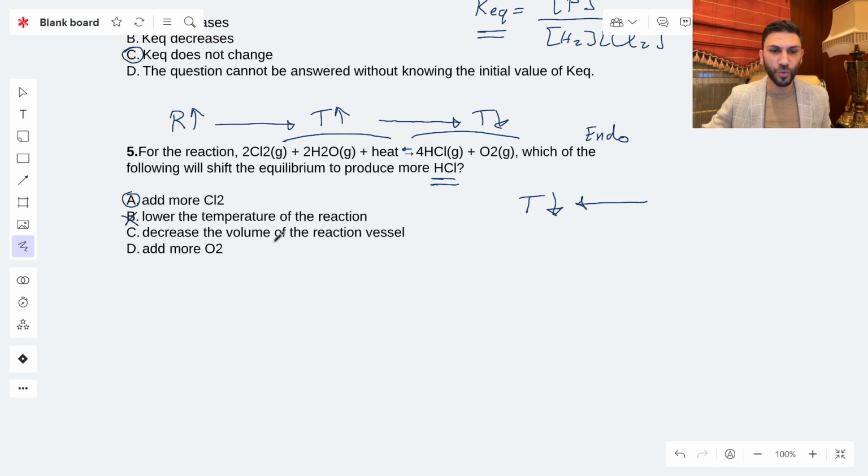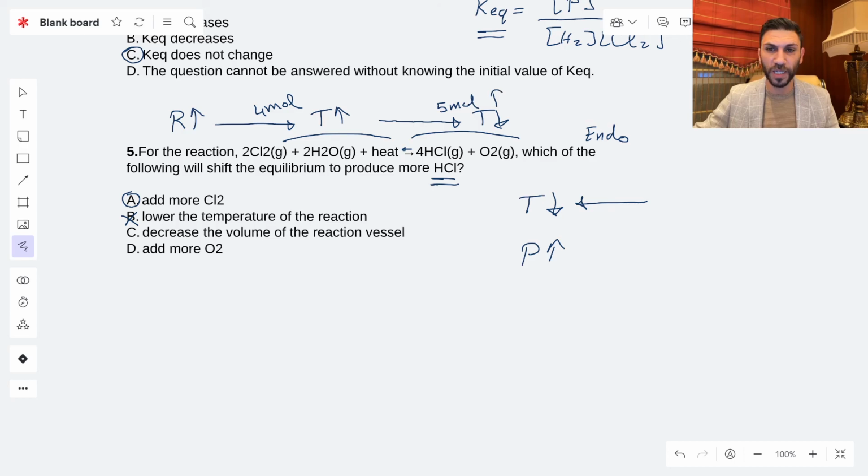C, decrease the volume of the reaction vessel. Decrease the volume, that means we are increasing the pressure. And let's check. Here we have 4 moles of gas. And here we have 4 plus 1 is 5 moles of gas.